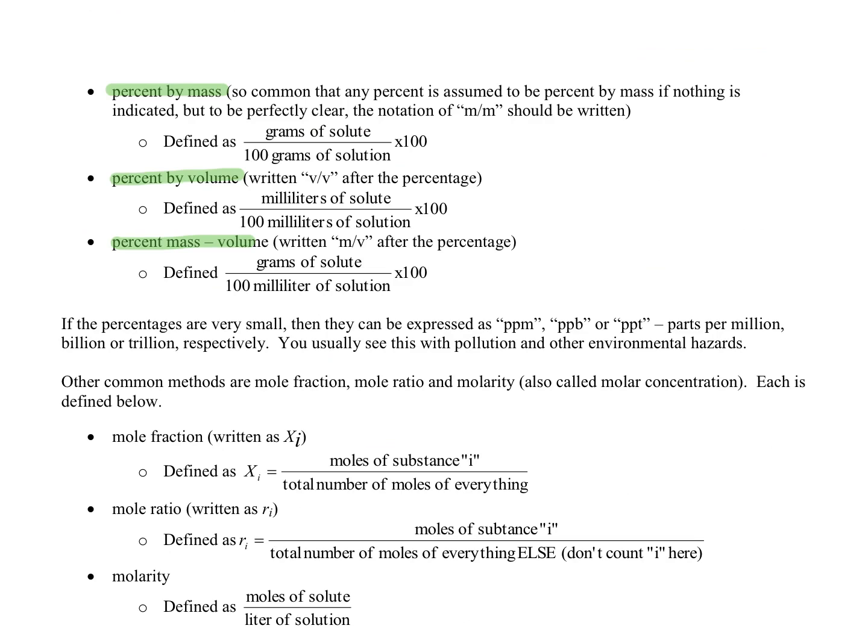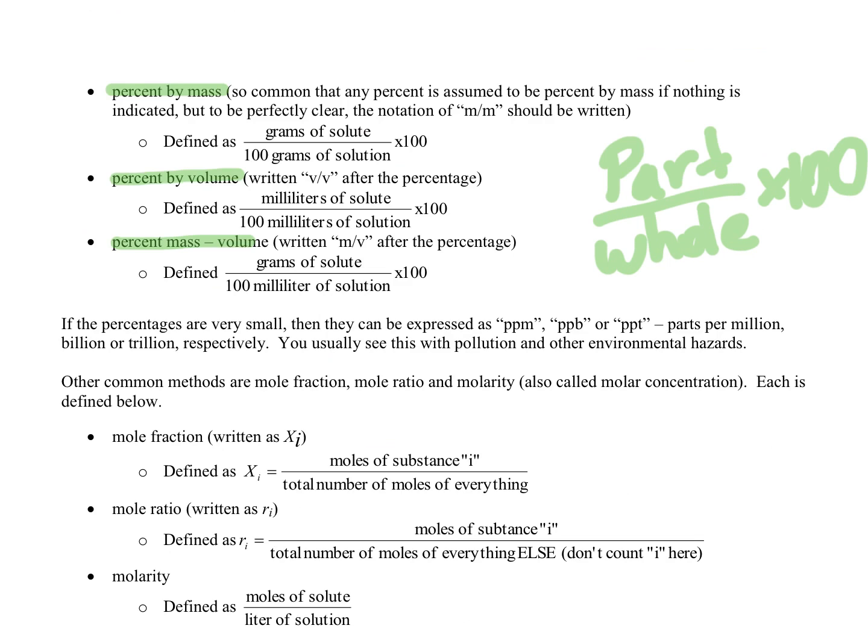Now, all of these are percents, and I told you when you're talking about percentages, instead of memorizing each equation for each type of percent, always just consider it as part over whole times 100. The name of the percent should tell you what your part is and what your whole is.